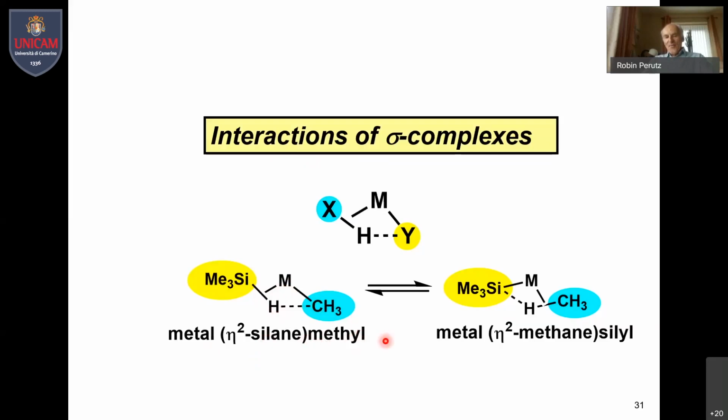Now, all that has to happen for this to isomerize is for that silicon hydrogen bond to stretch and the carbon hydrogen interaction to compress. And then we've transformed it into a metal silyl with an eta-2 methane as a ligand. So metal eta-2 methane silyl. So that is often a dynamic process, and that's crucial to the reactions I'm going to talk about.